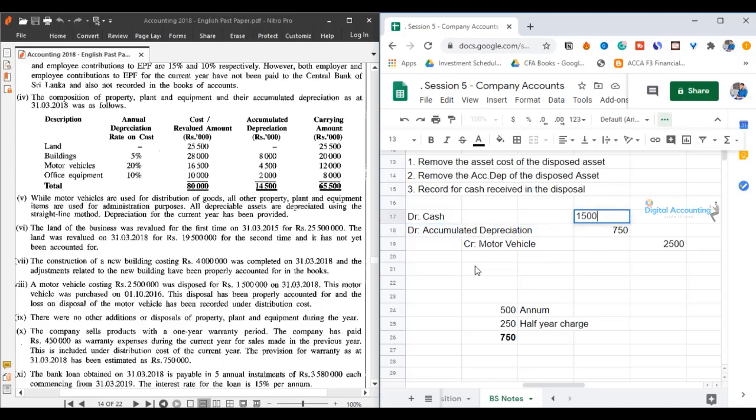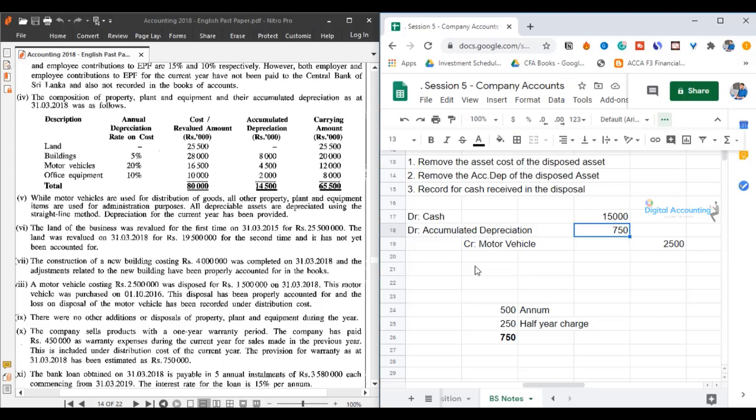So we received 1.5 million. Now we need to think for a minute about the gain or loss on the disposal. The asset cost is 2.5 million, and the credit entry of 2.5 million is here, from when we purchased. Until now we used the value of 750. That is accumulated depreciation.